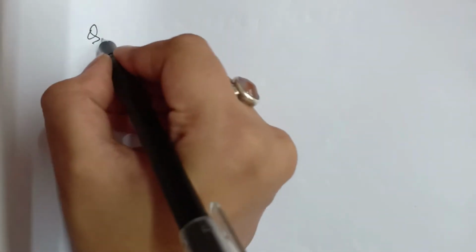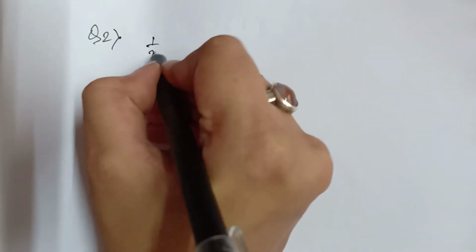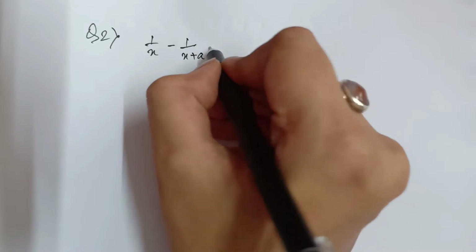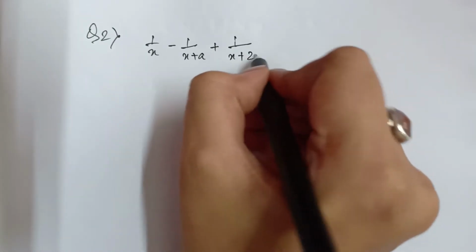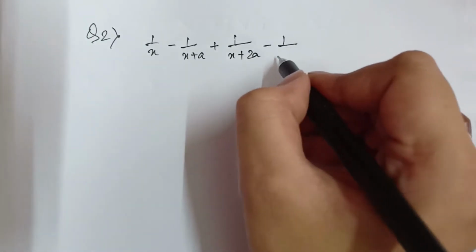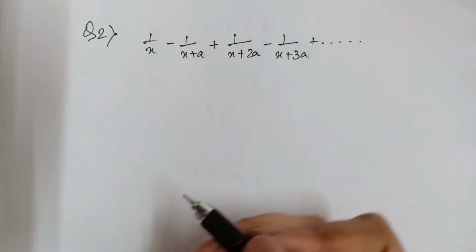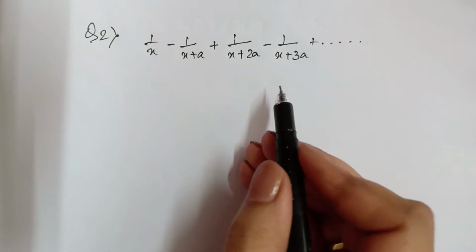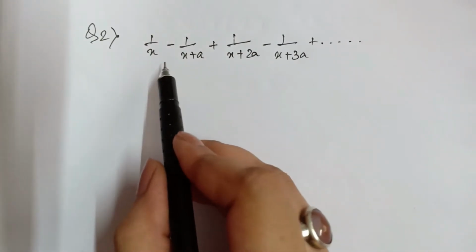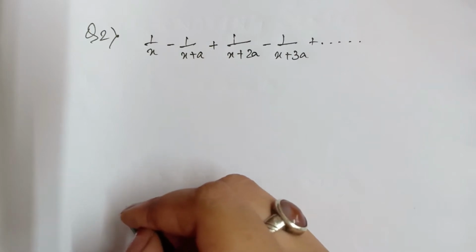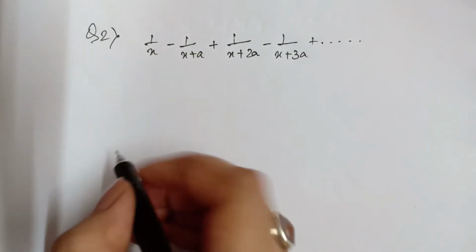For our second example, we take the series 1 by x minus 1 by x plus a plus 1 by x plus 2a minus 1 by x plus 3a. Okay. This series is an alternating series as it is positive and negative alternately. So our first condition is satisfied.